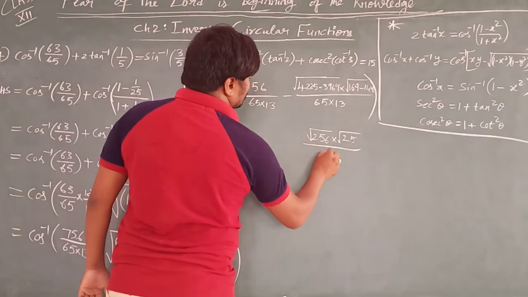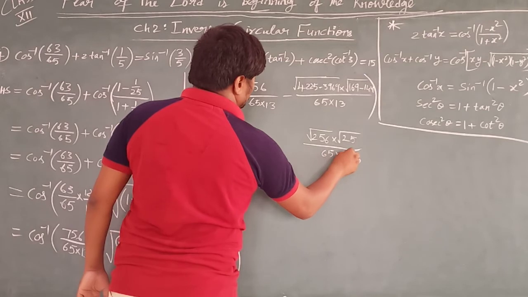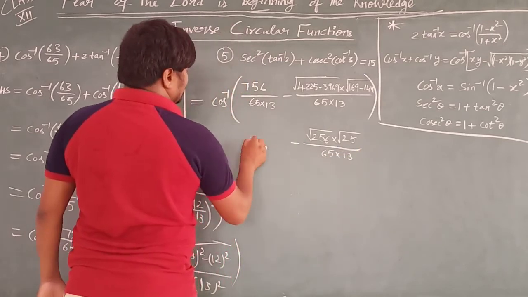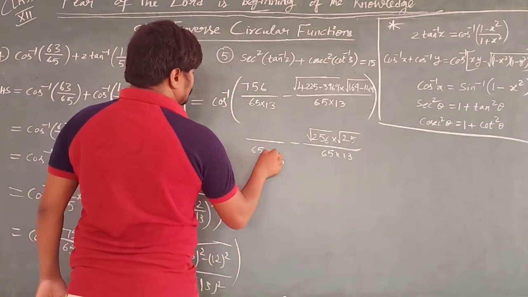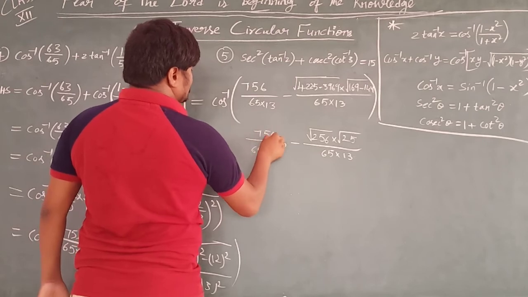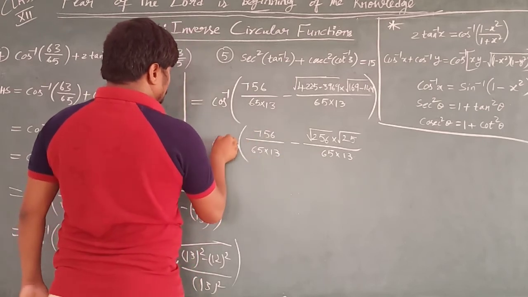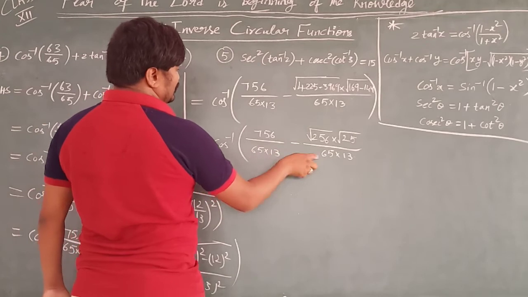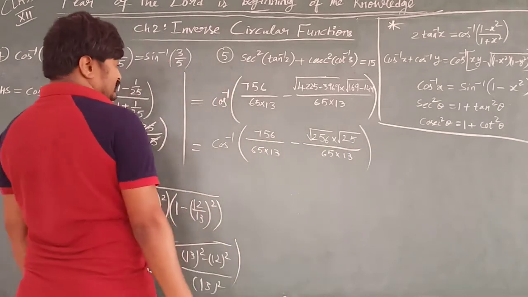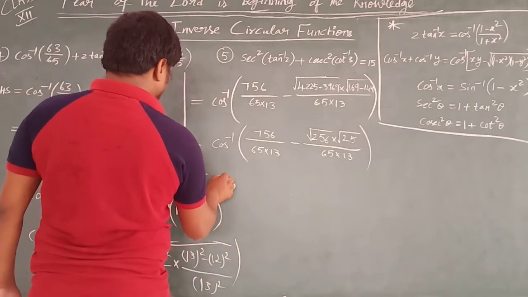So that is upon 65 into 13 minus here also again 65 into 13, 756, and then cos inverse of y. Simplifying this, the cancellation is going to be very easy.